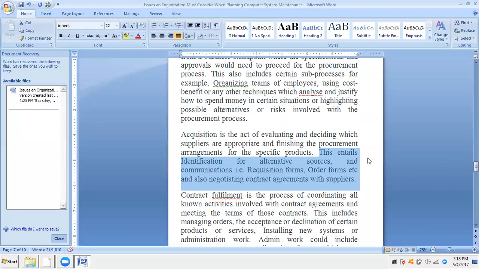Then we should negotiate the price, check the quality of products, and see how efficient that product is, how energy efficient it is, what the lifetime of that product is, and what the risk factors with that product can be. All these factors should be considered whenever we are involved in buying any computing equipment.